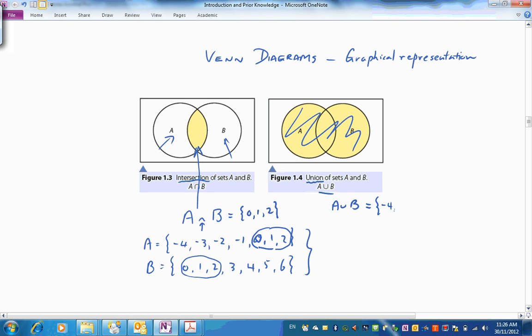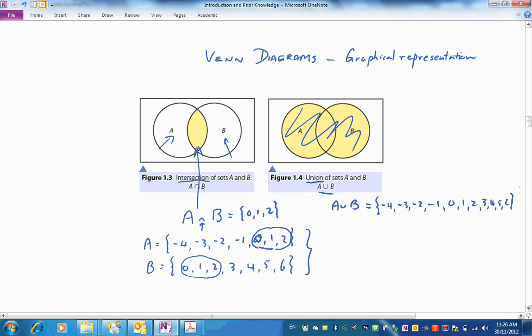It'd be -4, -3, -2, -1, 0, 1, 2, and we have to include everything in B as well. So we have that set there, which includes the intersection and all the elements in both sets. So that's uniting the sets. So does that make sense?